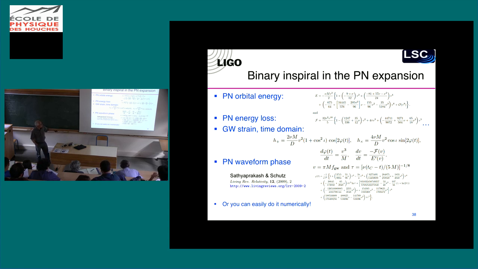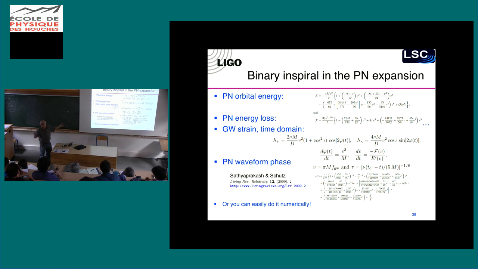In all these terms, the velocity is simply related to the gravitational wave frequency, and the time scale is given by this expression. So you can start with energy and flux and evolve a waveform, or you can let somebody else do the work for you.